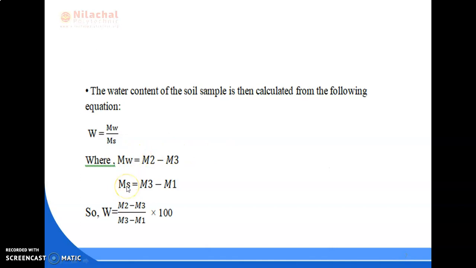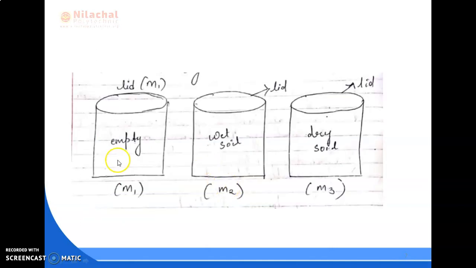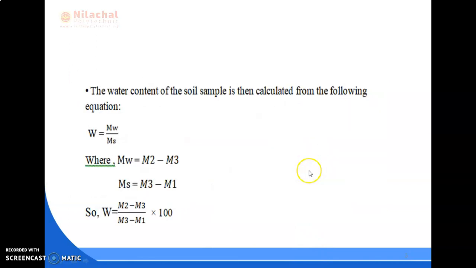Similarly, MS, or mass of solid, equals M3 minus M1. See, this is the empty mass and this is dry soil plus container. If we subtract M3 minus M1, then we get the mass of dry soil. So finally, water content equals M2 minus M3 by M3 minus M1 into 100.